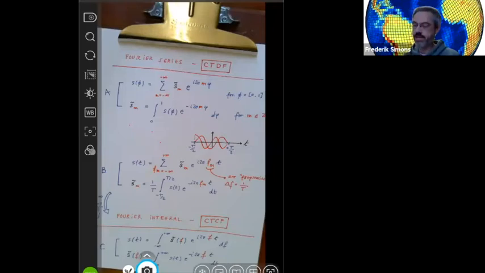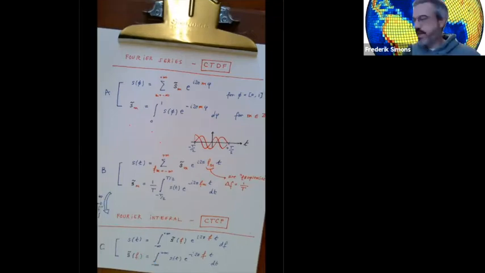You get here to C from B, and no longer do you have to fit standing waves inside a closed interval, which means that they inherently discretize, leading to discrete frequencies, but any and all frequencies go on the continuous frequency axis, and so you have continuous time, continuous frequency, with f as a continuous variable rather than a set of indexed frequencies. So that is the Fourier integral transform.